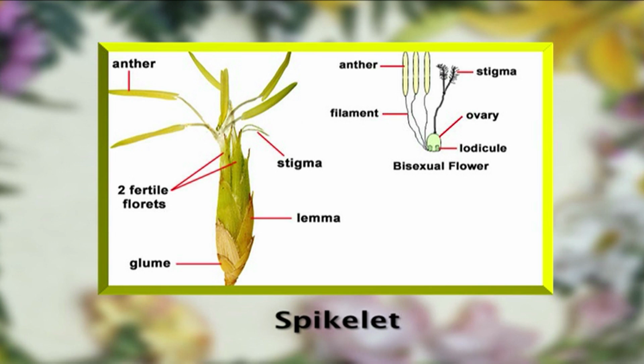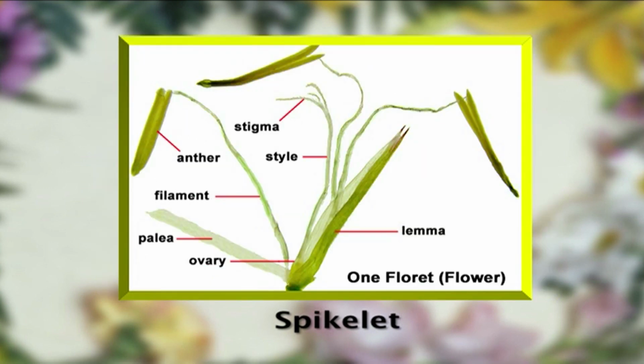Slightly higher up, it is enclosed by a third bract called the flowering glume or fertile glume, also known as lemma, which bears the sessile flowers. Opposite to each lemma, each spikelet bears a small glume called palea.